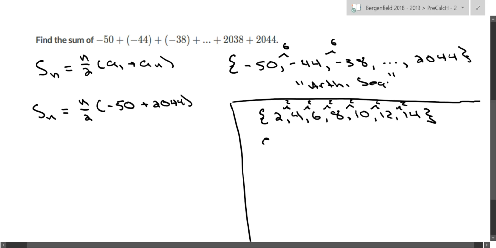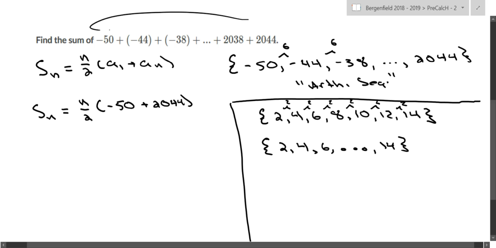So I didn't have to write all that out, but I did. Let's pretend that we didn't know all those terms in between. Obviously in this case we can count them, but if I show you how to do it with this, you'll know how to do it with something that's not so easy to count.